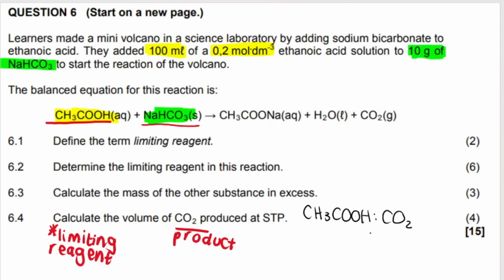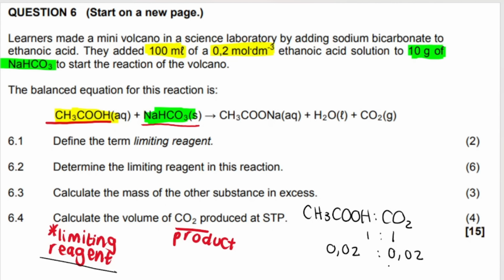That mole ratio will also be a 1-to-1 ratio, luckily, because this equation is balanced. We know the moles of our acid that reacted, which is 0,02. We worked that out already. Therefore, 0,02 moles of product is produced. Remember, you always use your limiting reagent in a mole ratio with your product to work out exactly the number of moles of product produced.